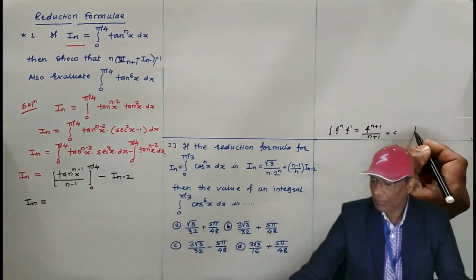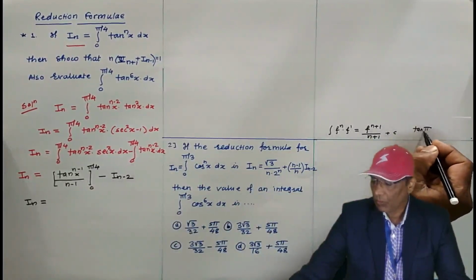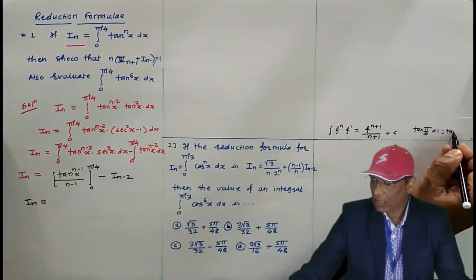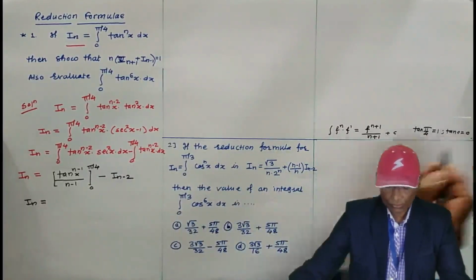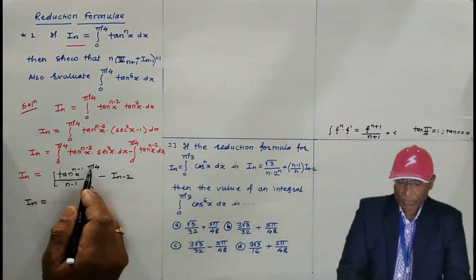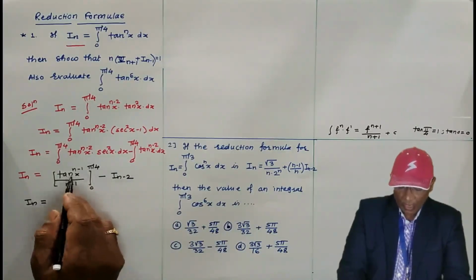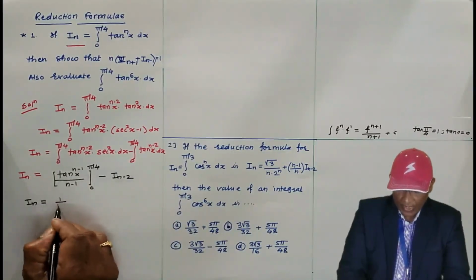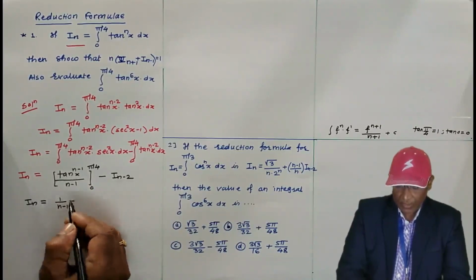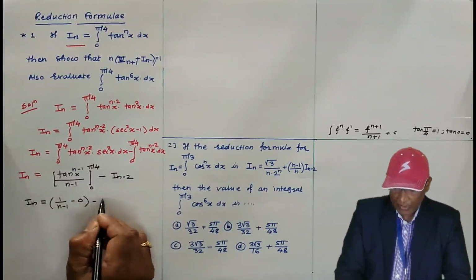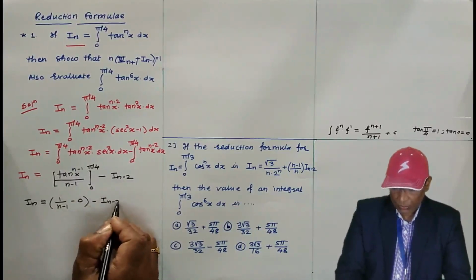This tan pi by 4 is 1 and tan 0 is 0. Therefore put x equal to pi by 4, tan pi by 4 is 1 and 1 by n minus 1 as it is, minus, if you put x equal to 0, tan 0 will be 0, minus In minus 2.